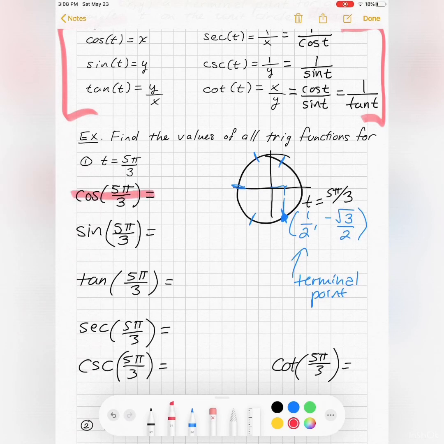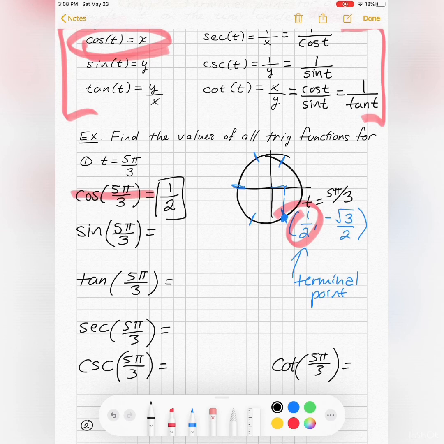So cosine. The definition of that is the x value from the terminal point. That's just a half. The sine is the y value from the terminal point.